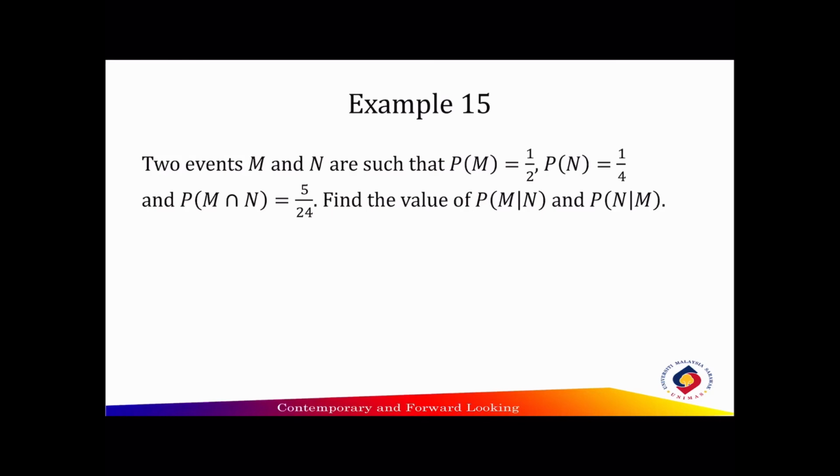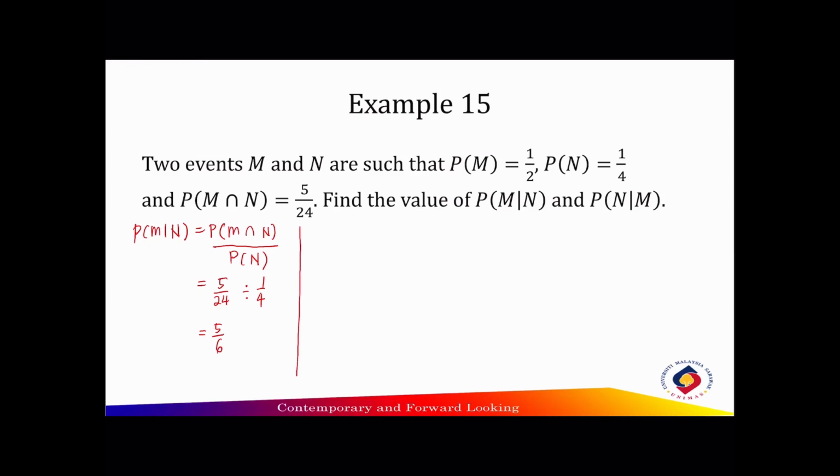For the first question, we want to find P(M given N). By using the formula of conditional probability, we have P(M intersect N) over P(N). Hence, this is just 5 over 24 divided by 1 over 4, and we have the answer of 5 over 6.